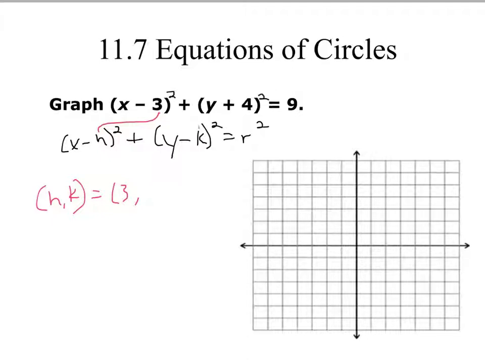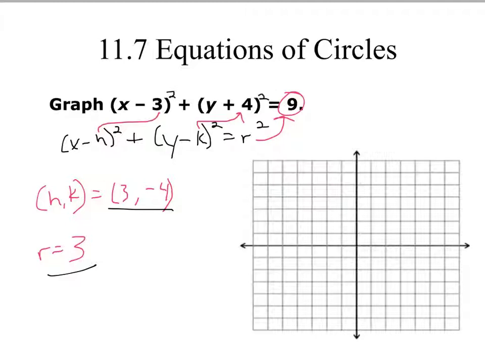And notice I have a plus 4, so k is actually negative 4. What's my r? The 9 isn't my r, because that's r squared, so we have to take the square root, which is 3. So I know my center is (3, -4) and my radius is 3.